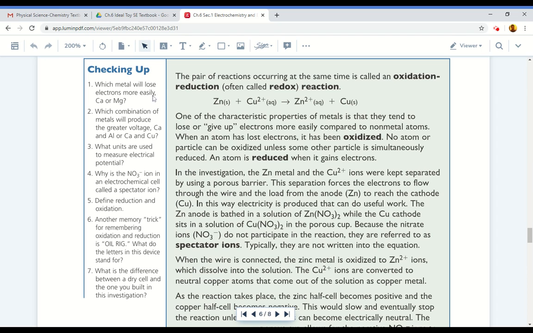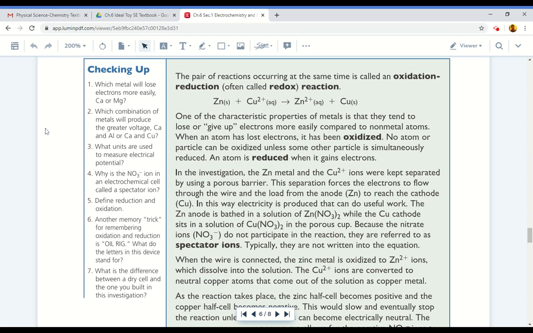The pair of reactions occurring at the same time is called an oxidation-reduction, often called a redox reaction. There's zinc, copper, zinc, copper.